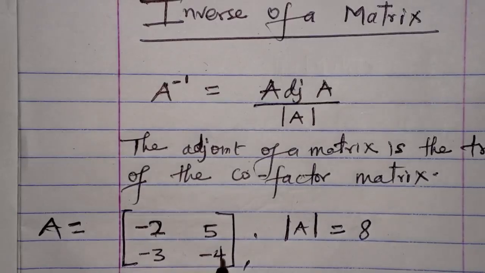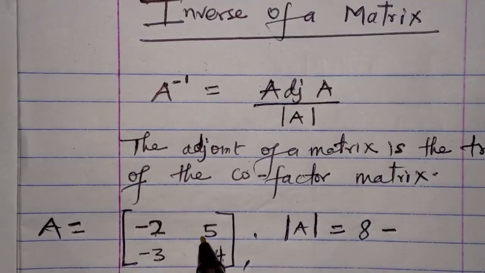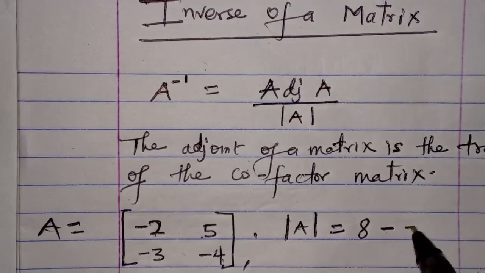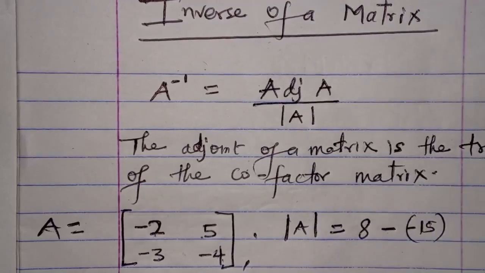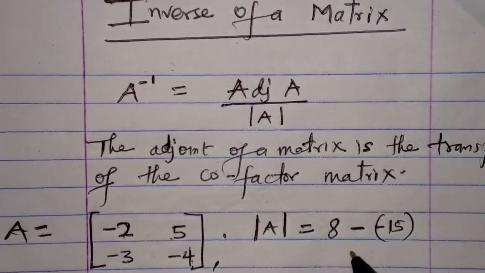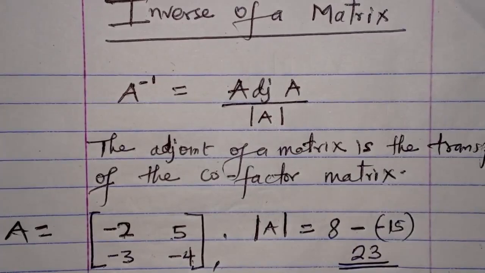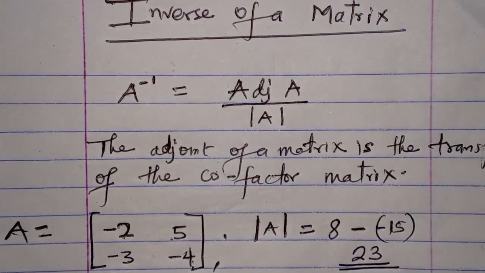Then minus 3 times 5, that's minus 15. Minus minus is a plus, so we have 8 plus 15, and that's 23. So the determinant of this matrix is 23.